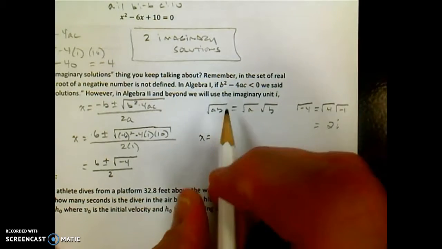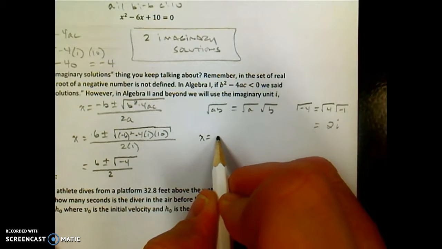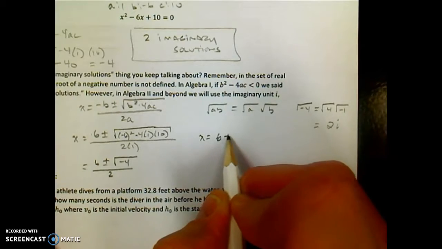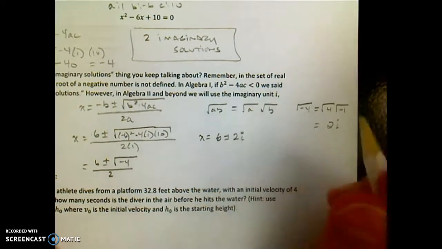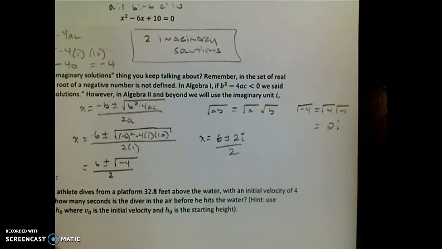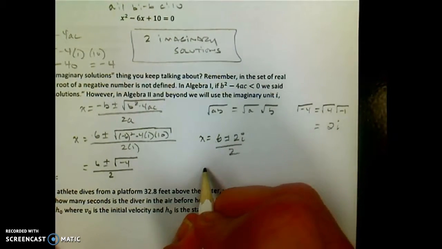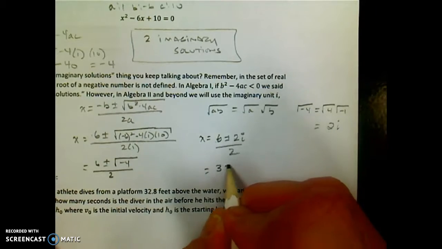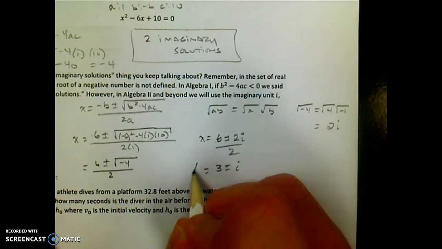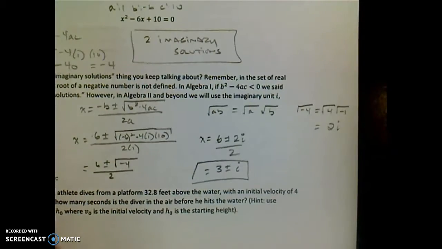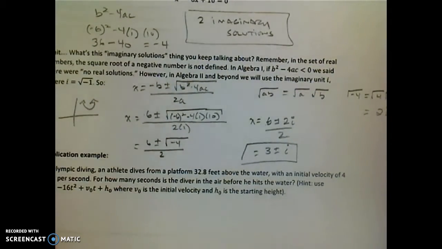So now, x equals 6 plus or minus 2i over 2. I can factor out a 2 from each of these, 3 plus or minus i would be my solution. Those are my two imaginary solutions.